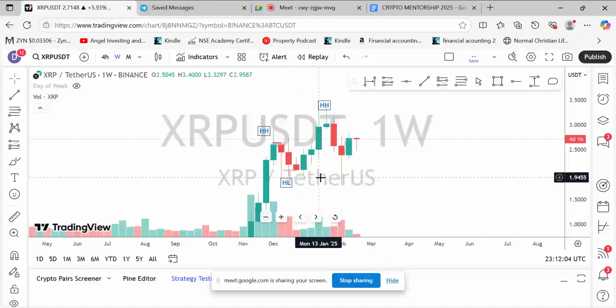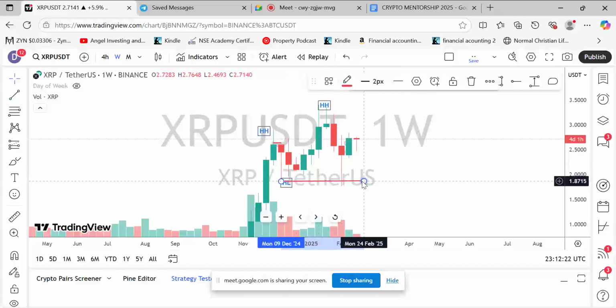Good, right? But then look at this whole week here. This week should not break this low. Remember that this was the last sell wall, the last higher low. This week that crossed here should not happen.